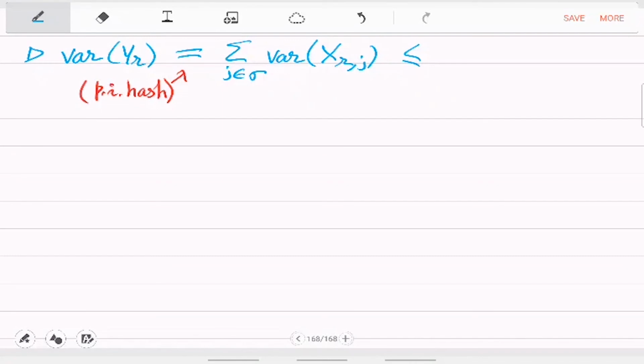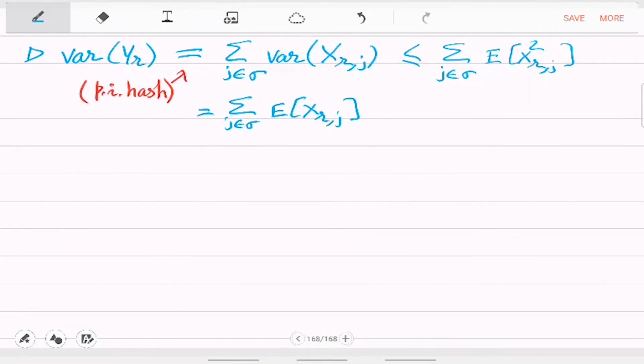So, it cannot exceed the expectation of x squared. X squared is an indicator variable, so that is the same as the expectation of the variable itself, which is the same as the expectation of x_rj, which we calculated to be 1 by 2 raised to r, so the variance of y_r is at most d by 2 raised to r.